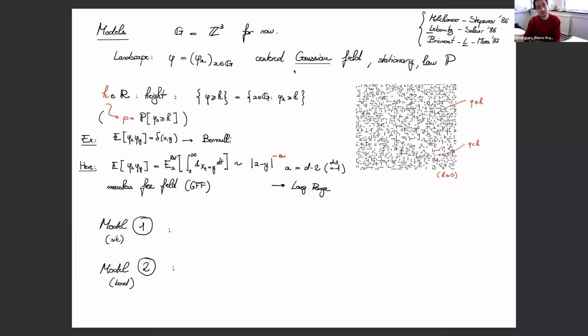Okay, so you can immediately build a nice percolation model out of this simply by looking at the excursion sets. You fix a height parameter h, which can vary. Then you chop off at h, and you look at the vertices where the landscape exceeded this value of h.